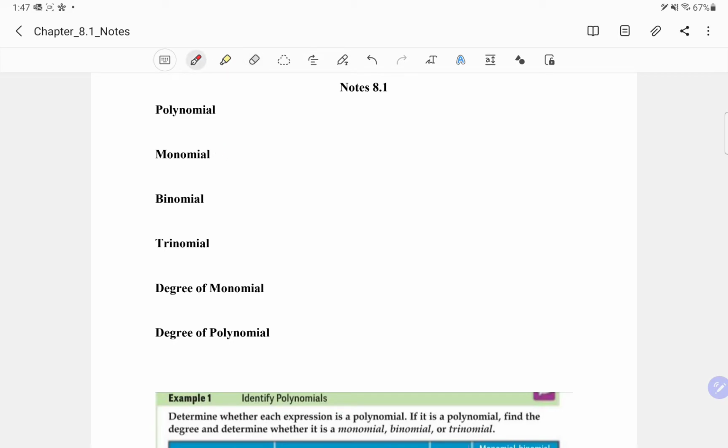But a monomial is any constant, variable, or product of the two.